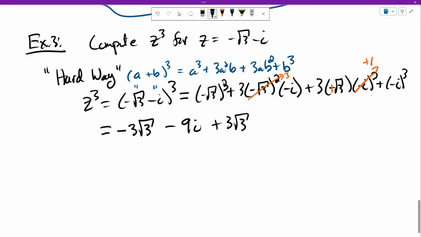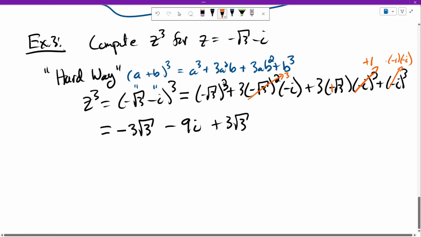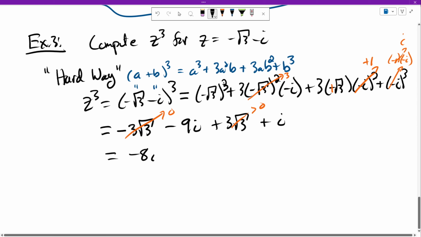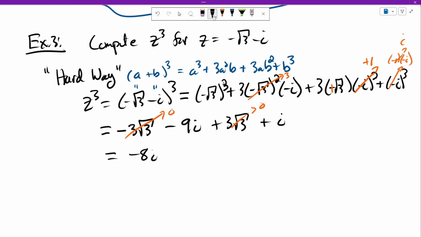And then negative i cubed, if I square I get negative 1, and I multiply it with another negative i, we get i. So let's see here. I think these guys cancel each other out, and we end up getting negative 8i. All right, great. That wasn't very hard, but it was a little bit tedious with our algebra.